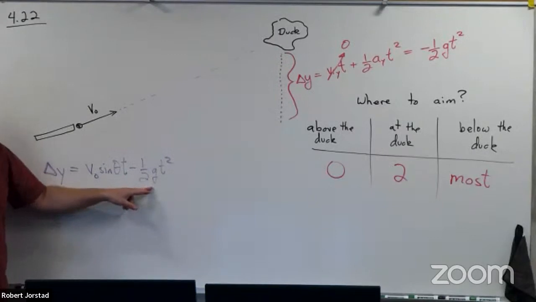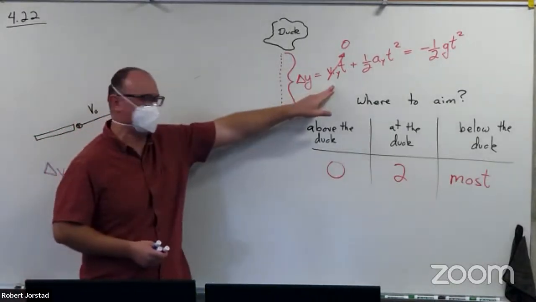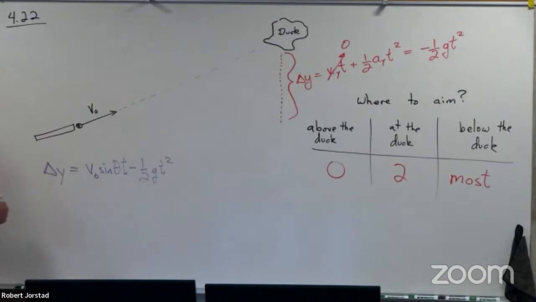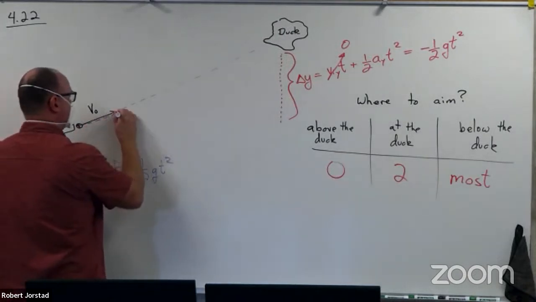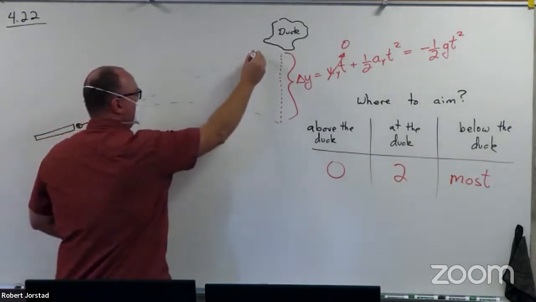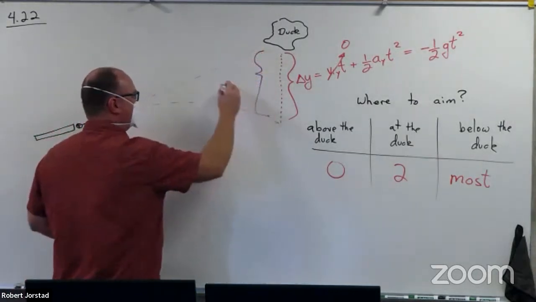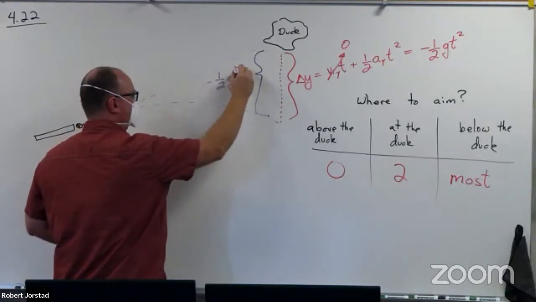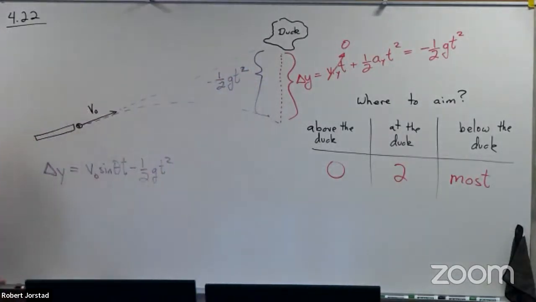This is the amount it will fall below the straight line path. It's exactly the same as how much the monkey will fall, or the duck, or whatever it is. In this case, this part is 1/2 g t squared with a negative sign because it goes downwards that much.